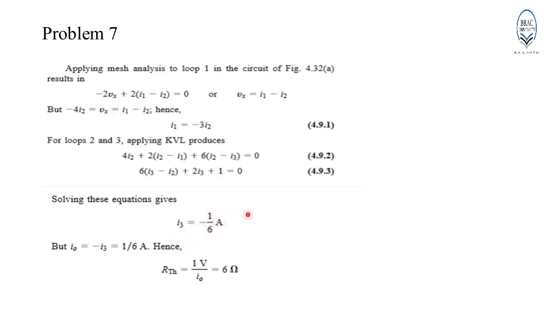As mentioned earlier, I0 is flowing in the opposite direction to I3. Hence, I0 will be equal to minus I3, which is equal to 1 by 6 ampere. We have already assumed that V0 was equal to 1 volt. Hence, R Thevenin will be equal to 6 ohm.